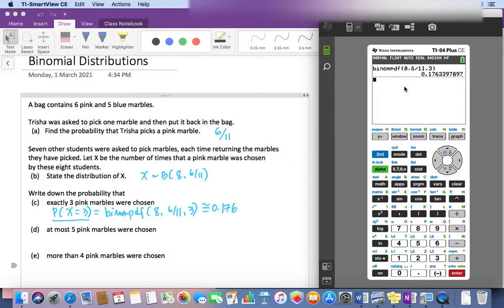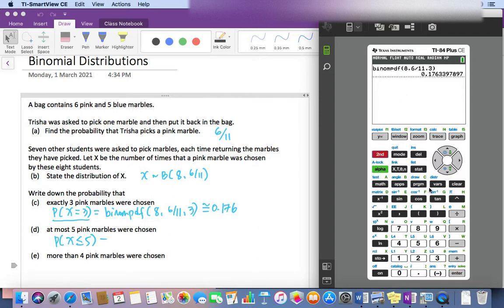Okay, so next question is, what's the probability that at most 5 pink marbles were chosen? Okay, so at most 5 means less than or equal to 5, not exceeding 5, but including 5. So we're going to write that as the probability that X is less than or equal to 5, and we use the cumulative distribution function for this one.